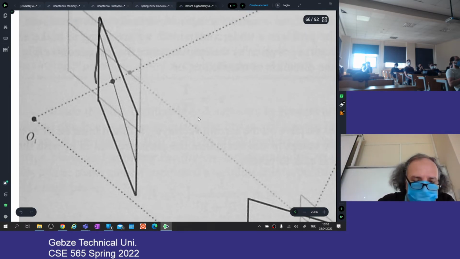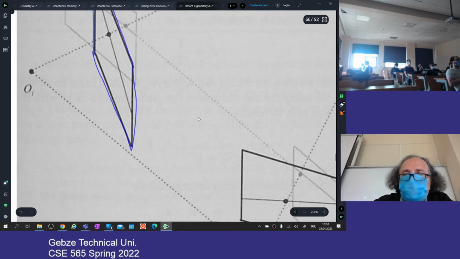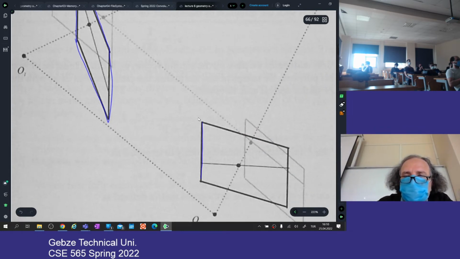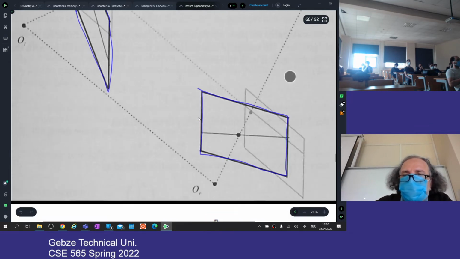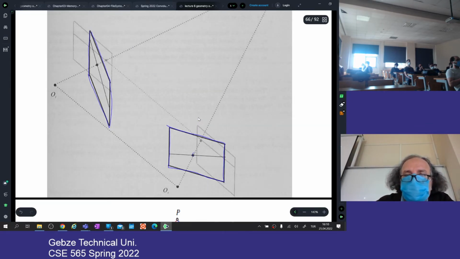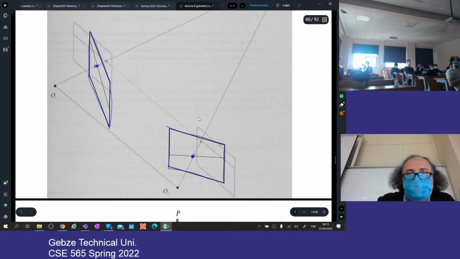This is the blue one, camera number 1, right? And the corresponding camera in the other part is this one. Okay, and I know that this point here corresponds to this point, and these are the conjugated epipolar lines.